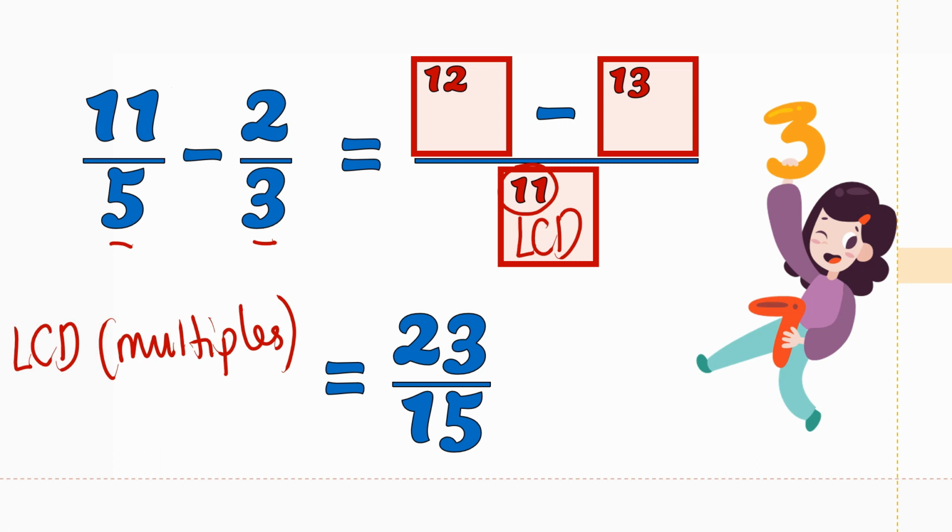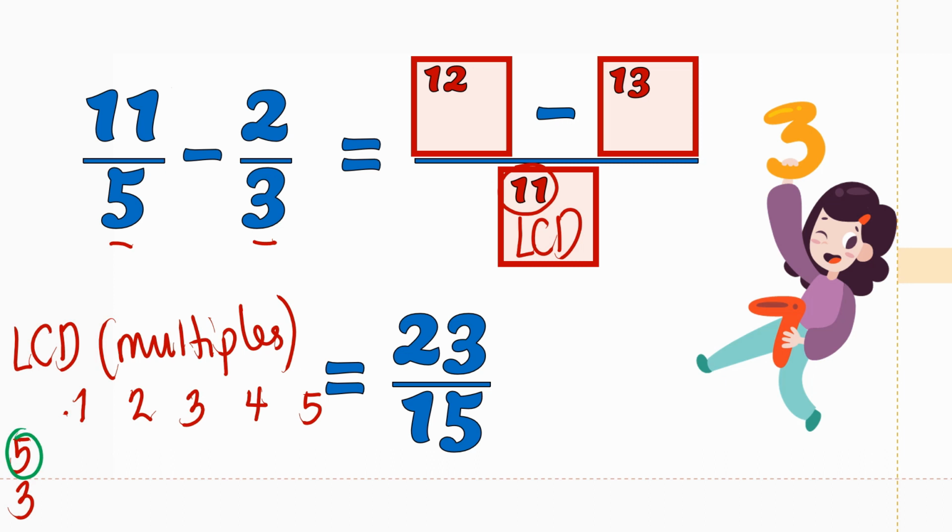So, the multiples of 5 and 3. When you get the multiples, that means you're just going to multiply by 1, by 2, by 3, by 4, by 5, so on and so forth. Okay? So, to get the LCD, therefore, get the multiples.